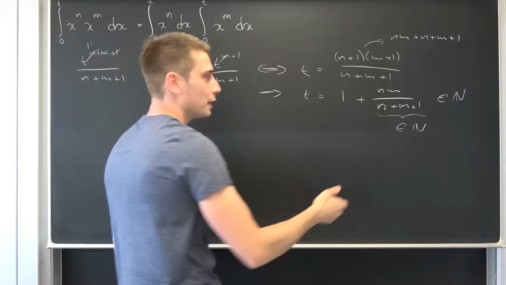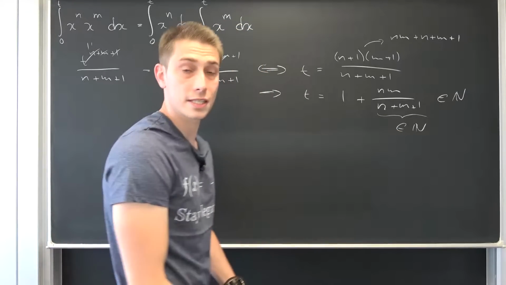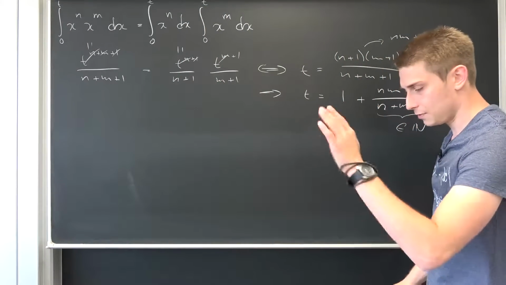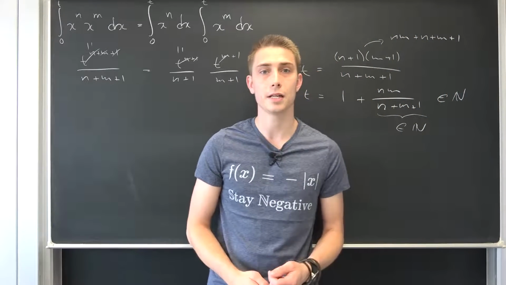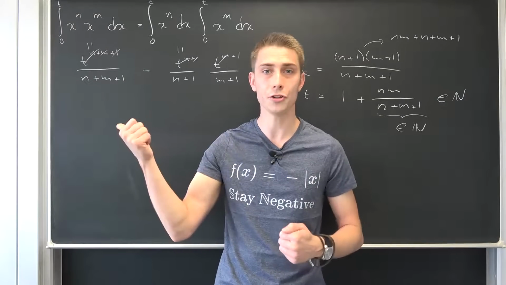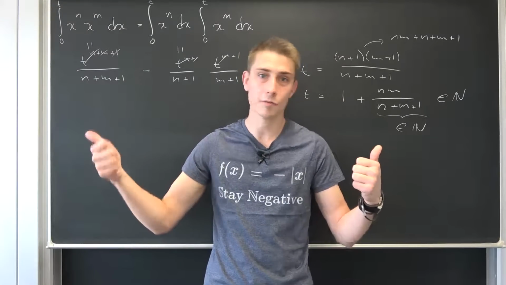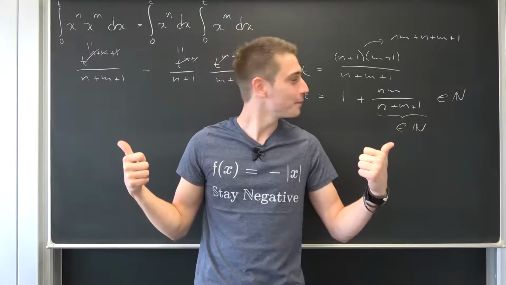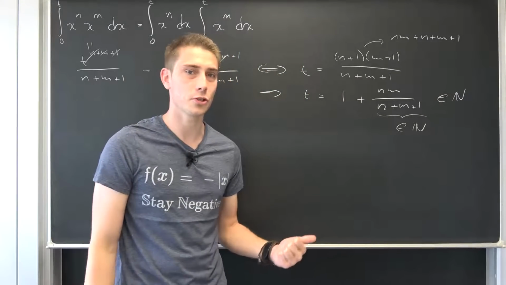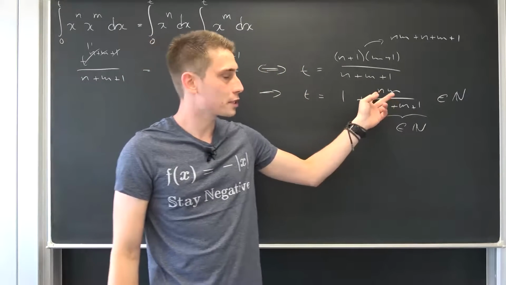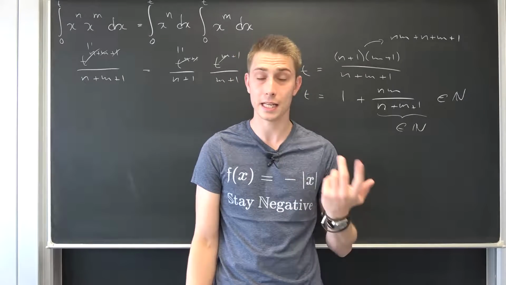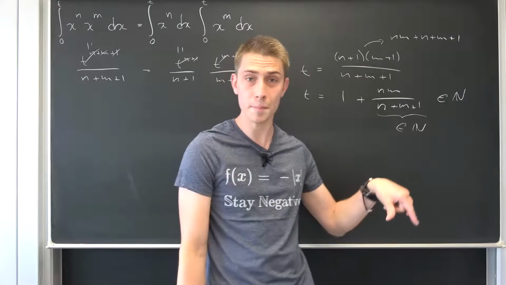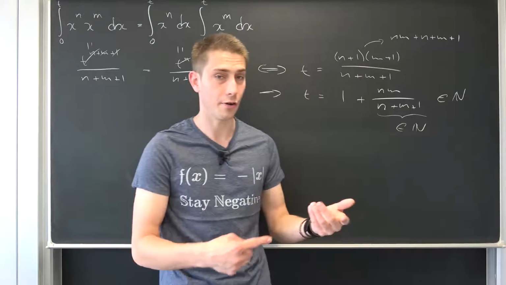And we are going to play around with this thing right here, considering all the cases. I made videos on that before. We can separate natural numbers into two different kinds, odd and even ones. And that's what we are going to do. We are going to take a look at n being an odd number and then an even number, and then we have to do subcases where m is odd and m is even.